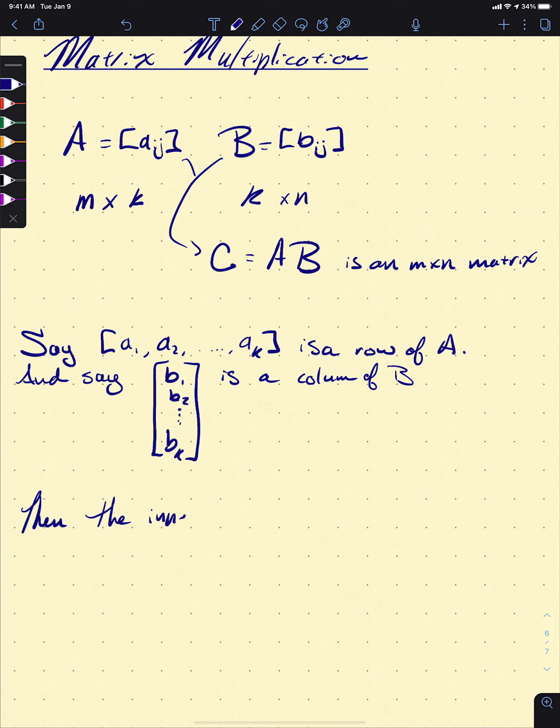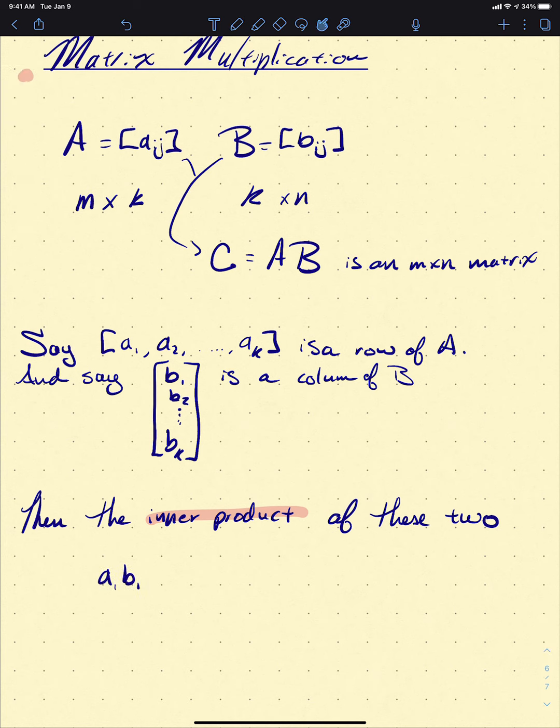Then the inner product, this is what we're defining here, of these two, the row and the column, is what? Well, it's A1 times B1. Remember, these are all just real numbers, so we can multiply them freely.